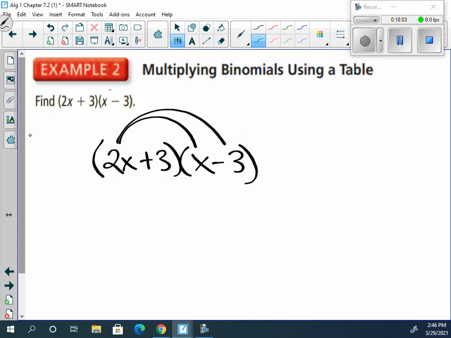So again, we're going to keep using the distributive property with these here. So we'll distribute the 2x and multiply it through. Well, 2x times x would be what? Right, because we have 2x times 1x, because 2 times 1 gives me 2. And our x times x will give us x squared.